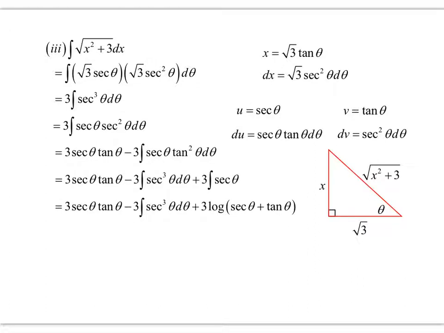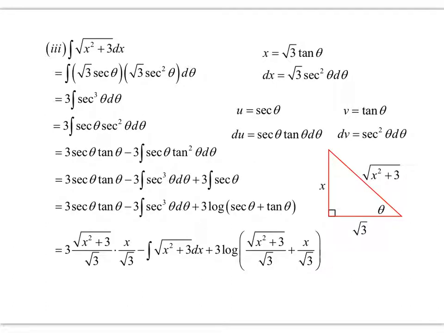Draw up your right angle triangle because we want to get it back into values of x. So sec theta is equal to 1 over cos, so it's going to be hypotenuse over adjacent. Tan theta is equal to opposite over adjacent, so that's what we got here.